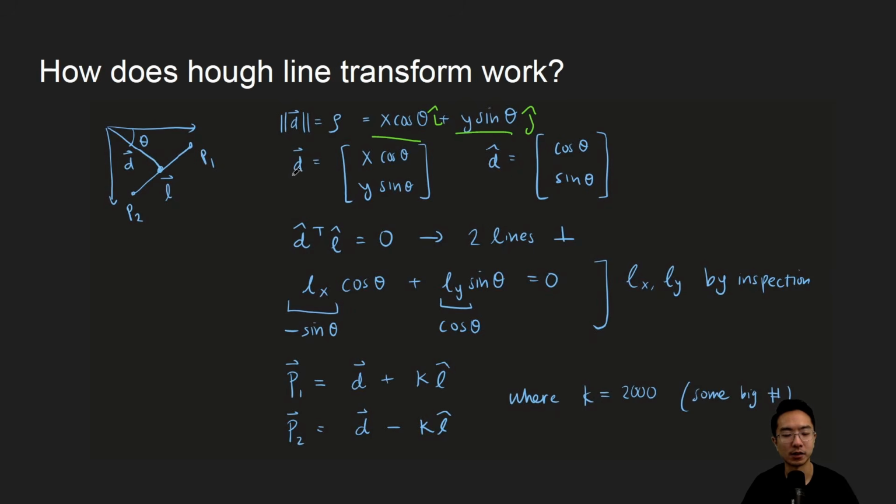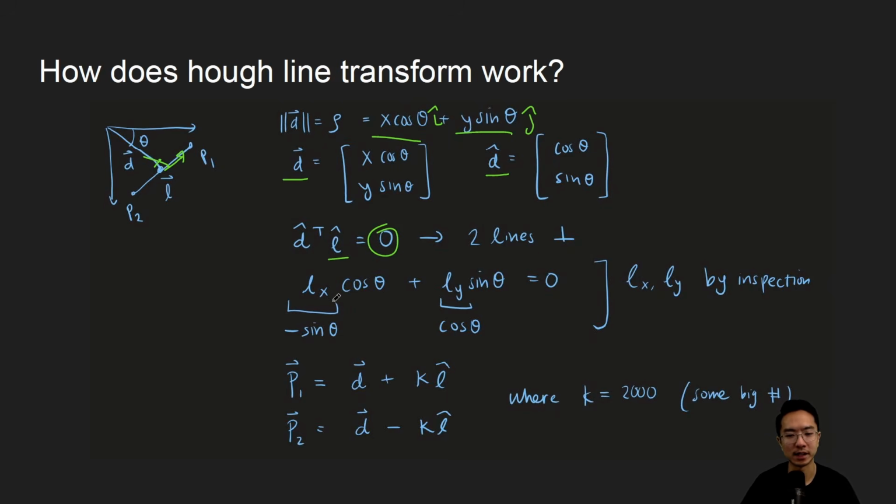And then here you have a vector that describes it, and then d hat is the unit vector. So the idea is you have a d hat vector, and then you have an l hat vector. The l hat vector is in the direction of the line. So if two lines are perpendicular, then the dot product is going to be 0. So you'll use that property.